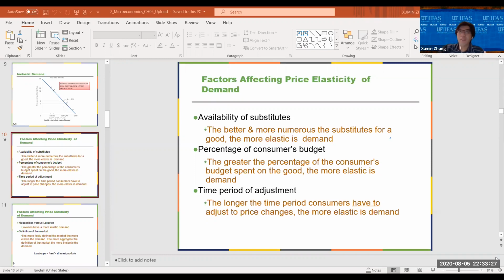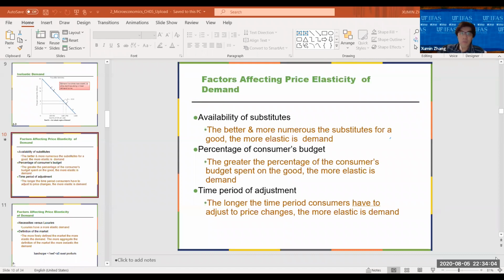If, for example, Pizza Hut increases the price, first of all I don't need to stick with Pizza Hut. I can go for another brand of pizza, or switch to hamburgers or Taco Bell or whatever. So this becomes very responsive, because there are numerous substitutes.